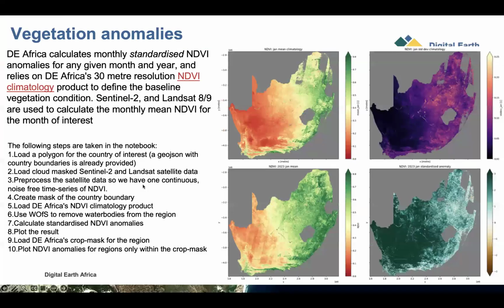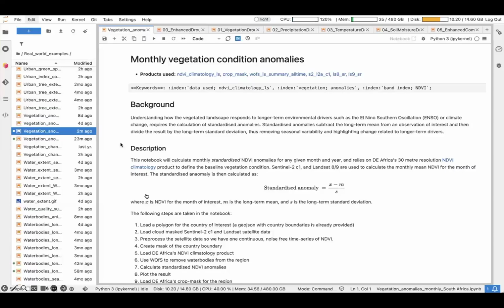So from the Combined Drought Index, just to see what else we have at Digital Earth Africa, we have the Normalized Difference Vegetation Index, which is also very key to understand what is happening. We also have it at the country level from Landsat and Sentinel respectively.